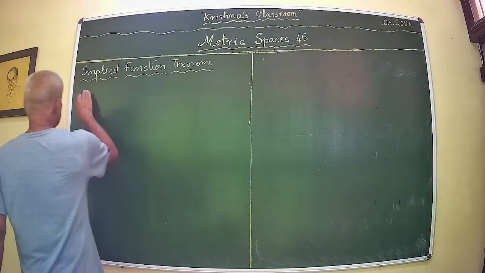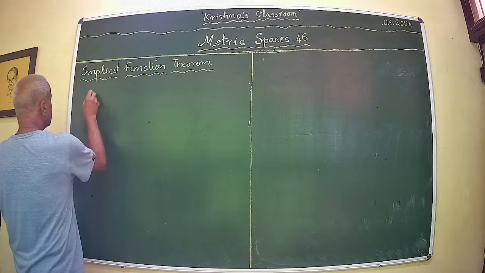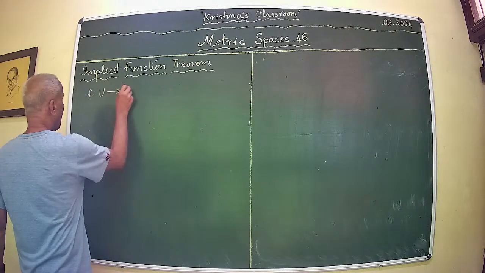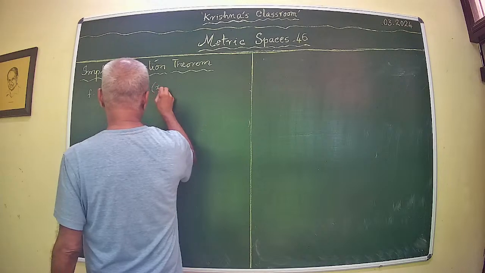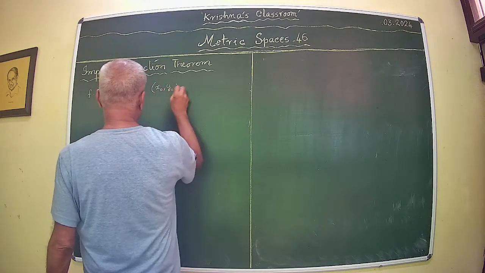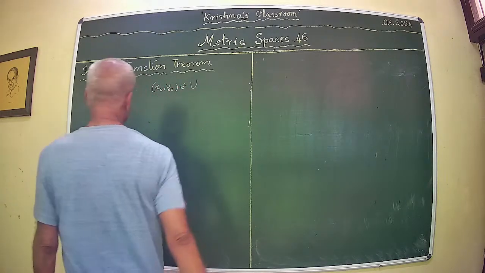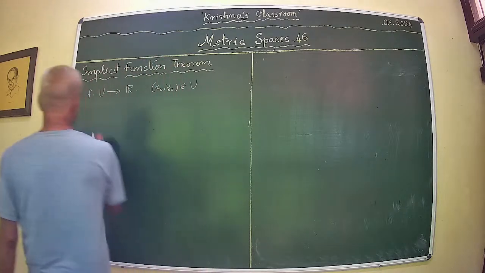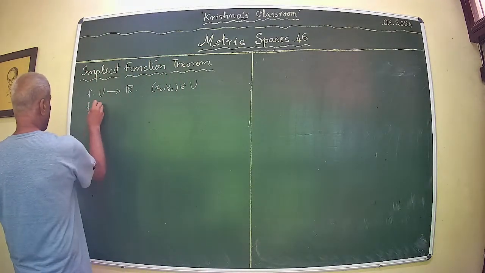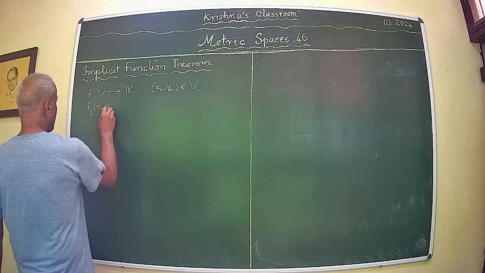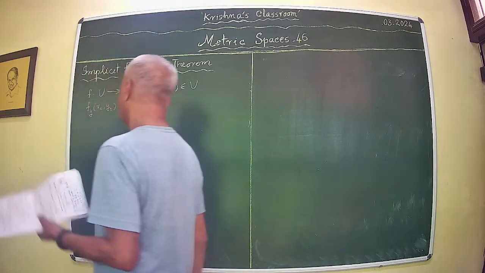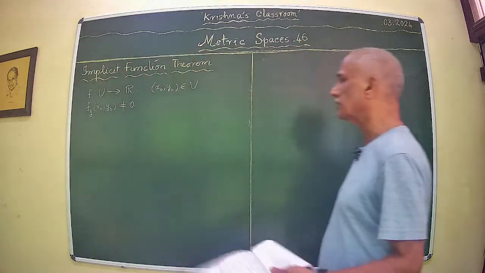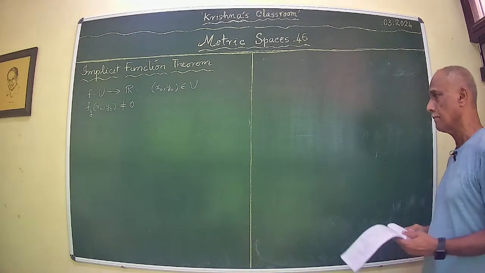So we have the following. F is from U to R, and at x0, y0 belonging to U, we have Fy not equal to 0. These are the assumptions.